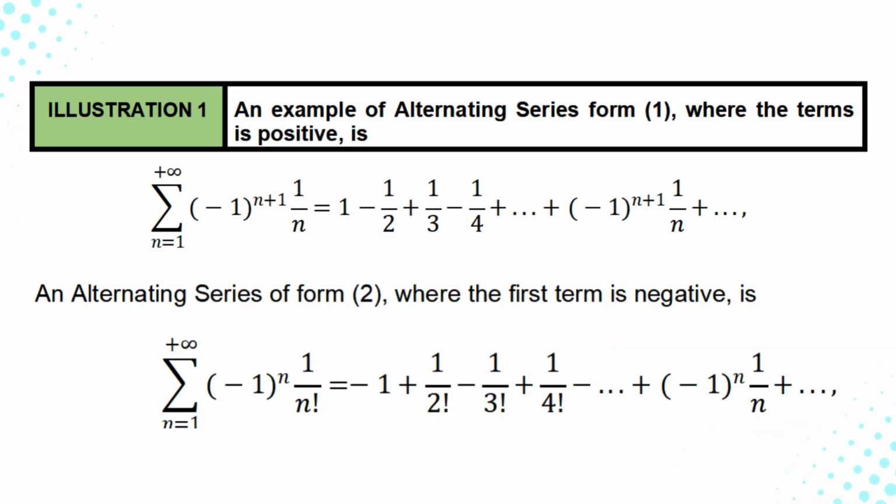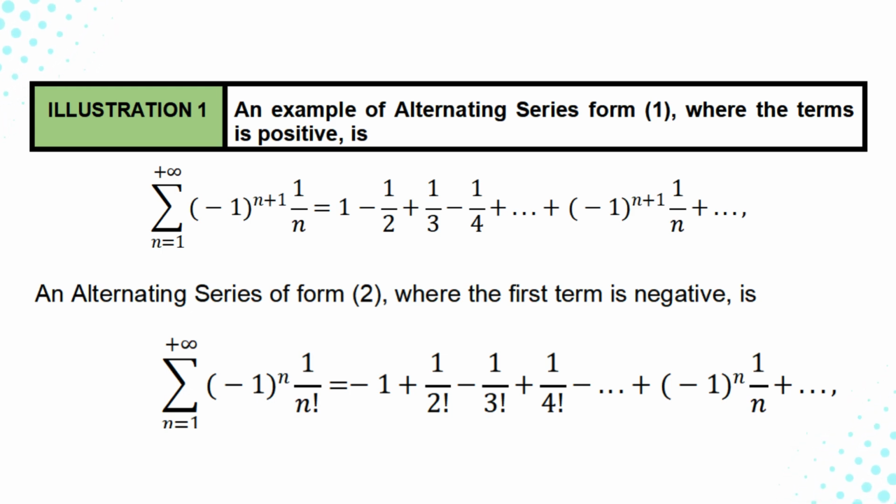For illustration 1, an example of an alternating series in form 1, where the first term is positive, is the sum of (-1)^(n+1) times 1 over n from n = 1 to infinity, which equals 1 minus 1/2 plus 1/3 minus 1/4 until (-1)^(n+1) times 1 over n, and so on and so forth.